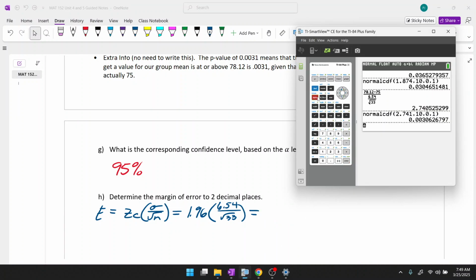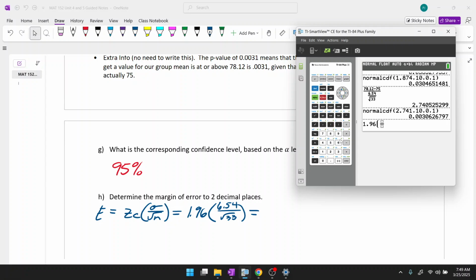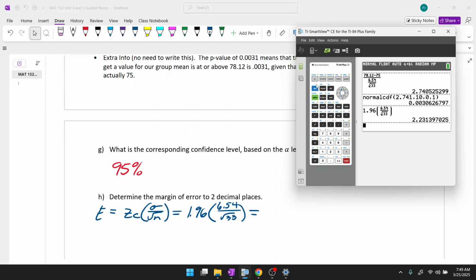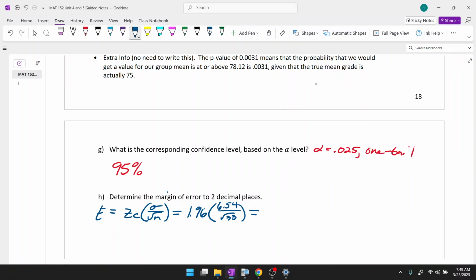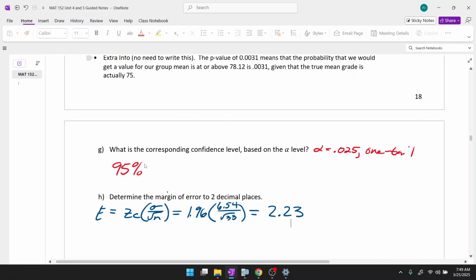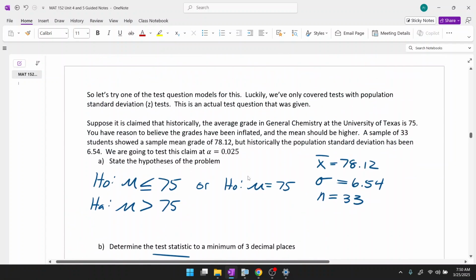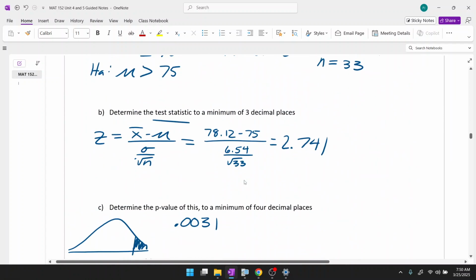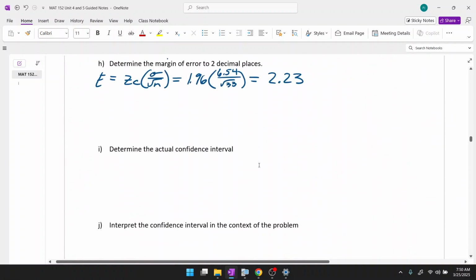If we figure this out, we get 2.23. So there's your margin of error of 2.23. I just want to make sure I have that right. That should be right. Yep.